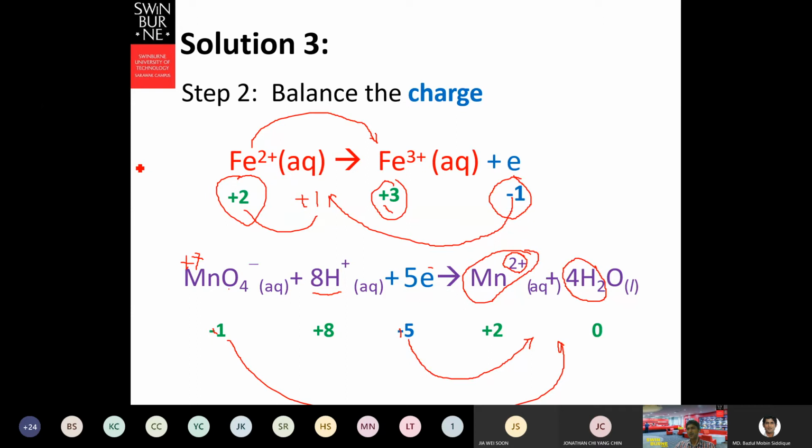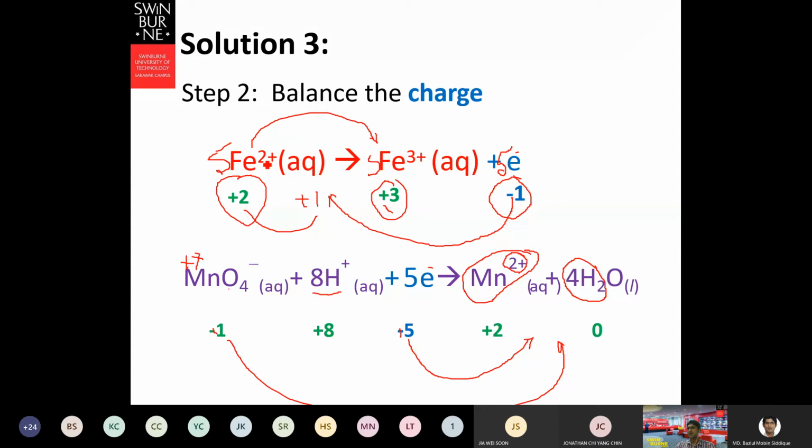One iron is producing only 1 electron. If I have 5 iron, then I should have 5 electrons easily, and that is how I can produce 5 electrons.